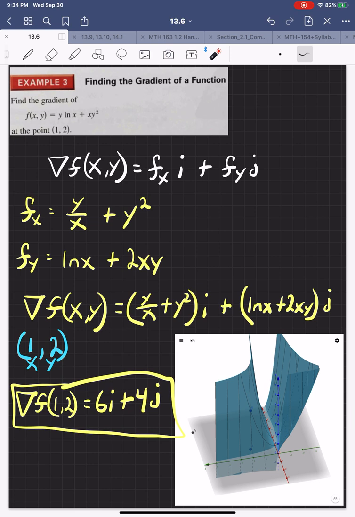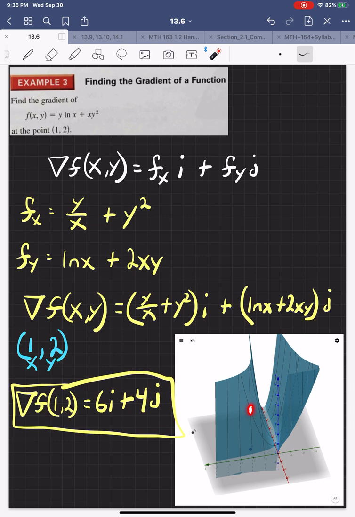They didn't have a graph here, so I just used some three-dimensional plotter, and you can see that. This is the point in the plane, (1, 2). Now, if you were to plug this point into your function, this is where you would be on your surface.